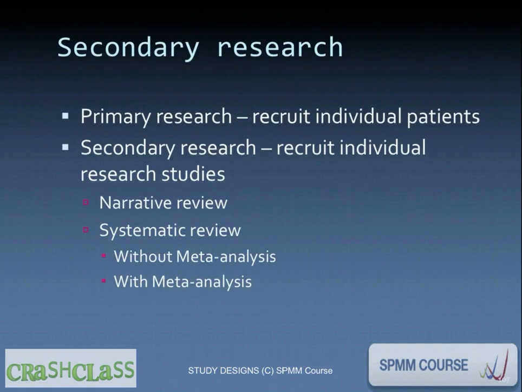So there are two types of secondary research. You can do a narrative review or a systematic review. Again, systematic review could either have a meta-analysis accompanying it, or you can do a systematic review without any meta-analysis. Meta-analysis is the mathematical synthesis of results from various individual studies, and I will tell you more about meta-analysis in the next few slides.